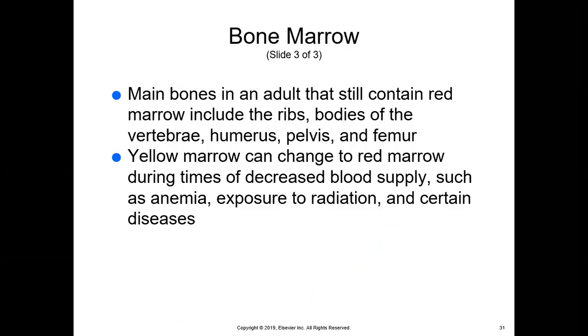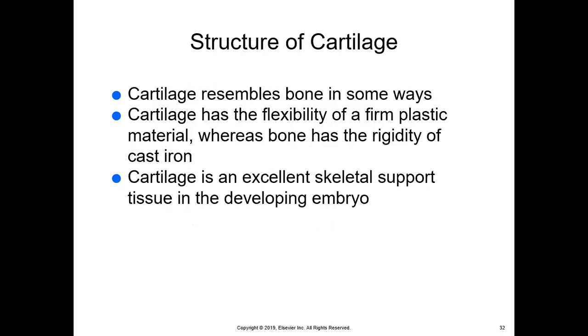The main bones in an adult that still contain red marrow include the ribs, the bodies of the vertebrae, the humerus, the pelvis, and the femur. The yellow marrow can change to red marrow during times of decreased blood supply, such as anemia, exposure to radiation, and certain diseases. So if bone marrow is severely damaged, a bone marrow transplant can be a life-saving treatment.